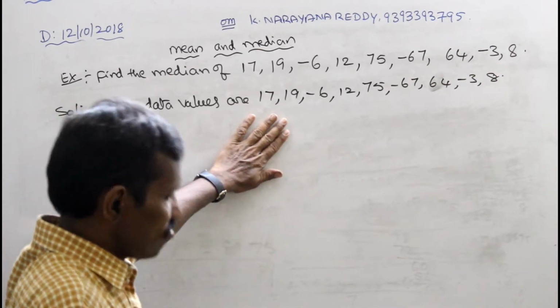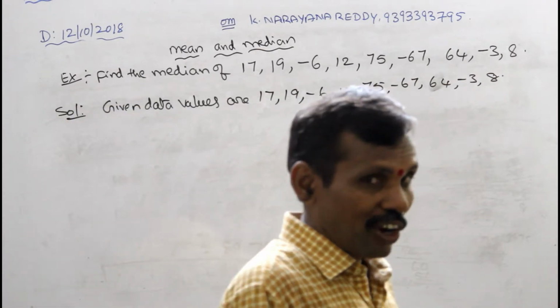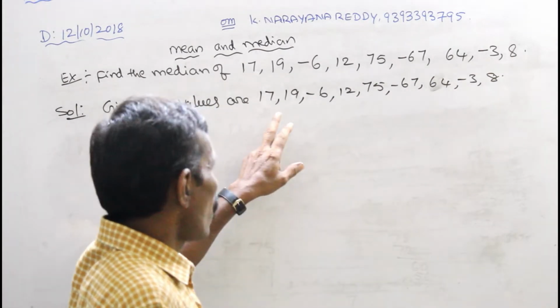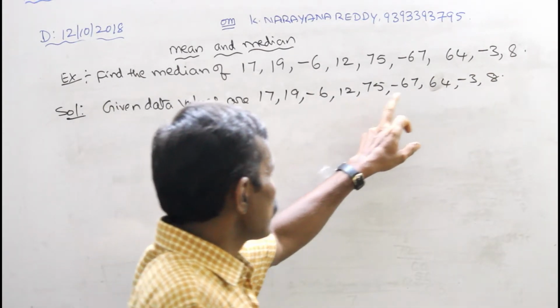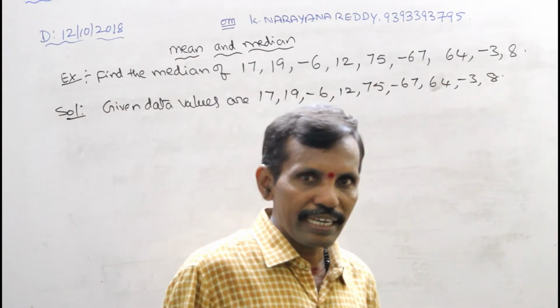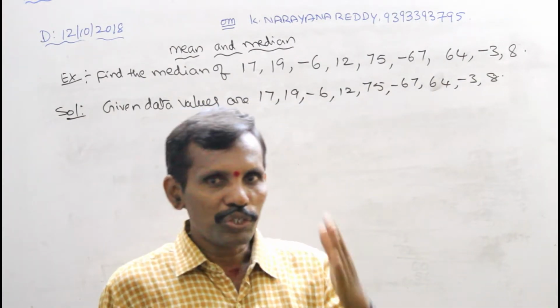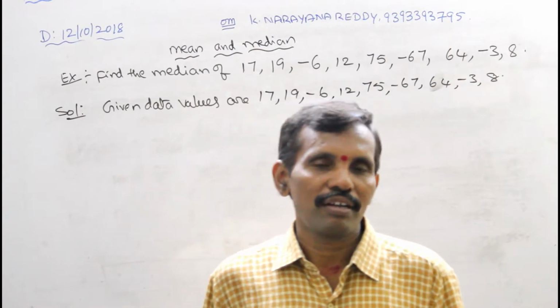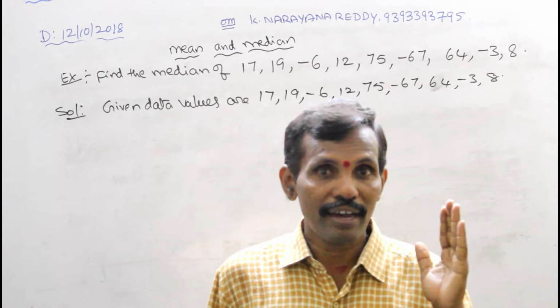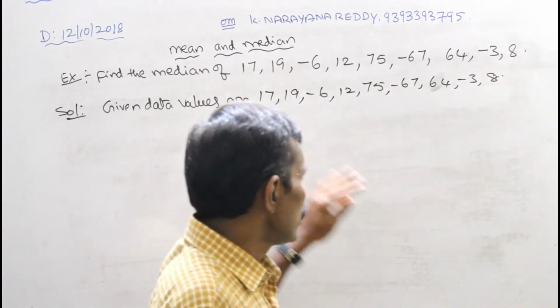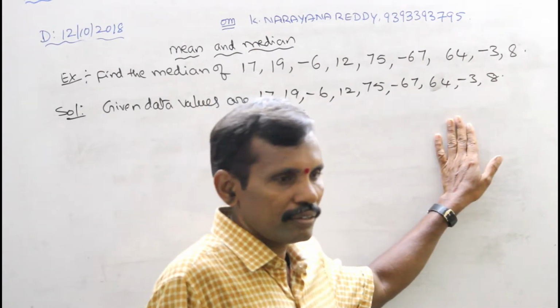These are the data values. But how many items are there? 1, 2, 3, 4, 5, 6, 7, 8, 9. 9 is odd. The total number of items is 9.